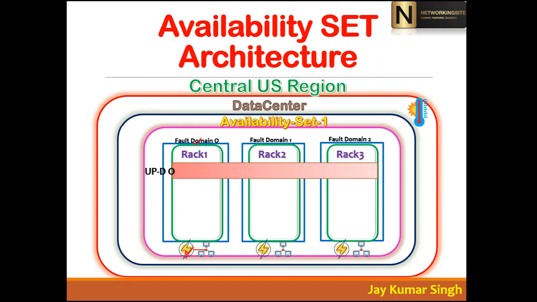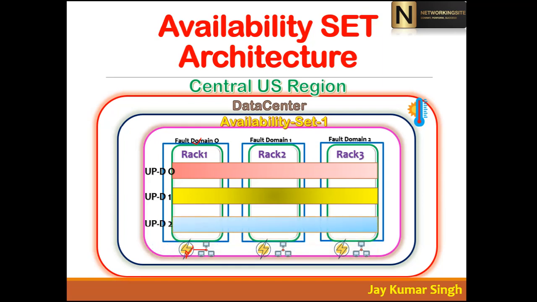Update domain is used for maintenance purposes. Normally Microsoft says that in a single availability set there will be a maximum of 3 fault domains and a maximum of 20 update domains.